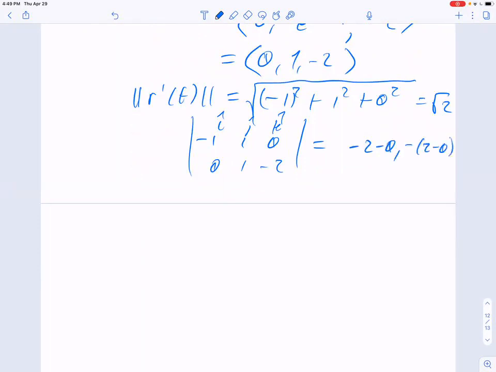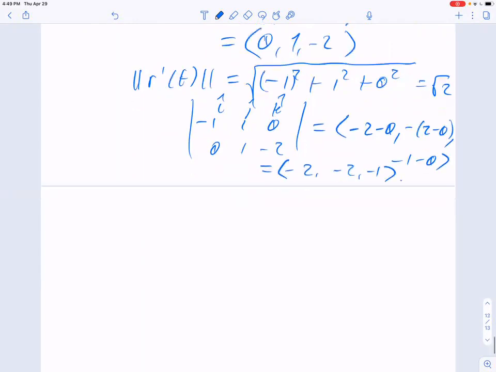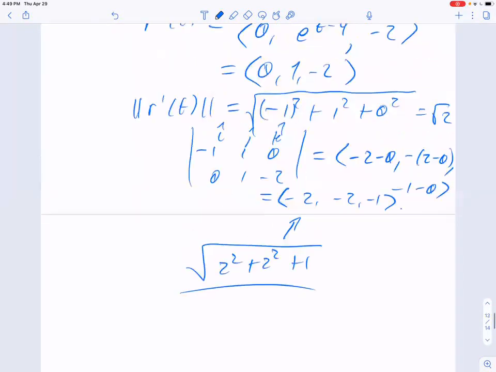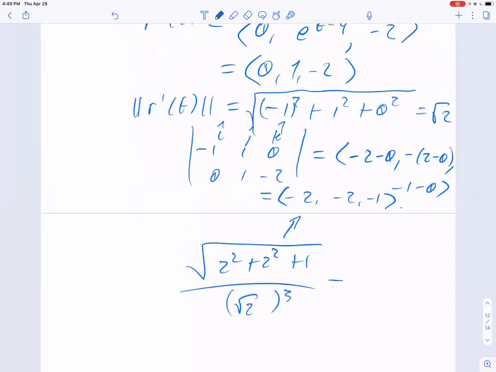So that's equal to minus 2, minus 2, minus 1. Let's take the magnitude of this. That gives us the root of 2 squared plus 2 squared plus 1, and we divide by root 2 cubed, okay?